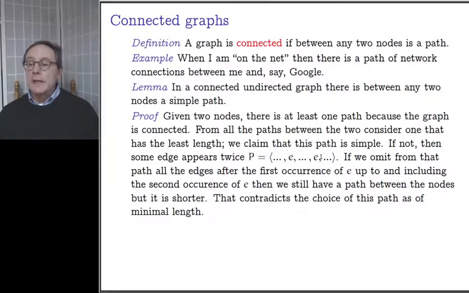This part in here between the two e's, we could eliminate, because there's an e, and we can hook the end of that e up to whatever the beginning of this is. So I could eliminate one of these e's. If you omit that from the path, then you get a shorter path. But that's not possible. We chose this to be the shortest possible path. So the shortest path is a simple path.